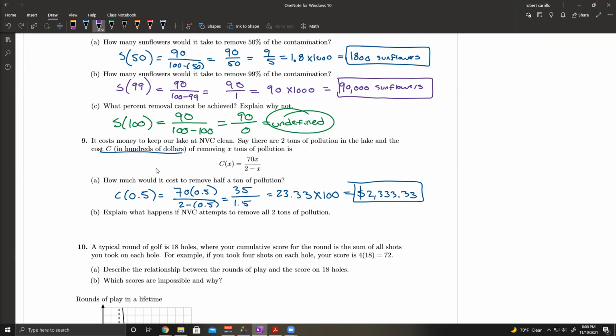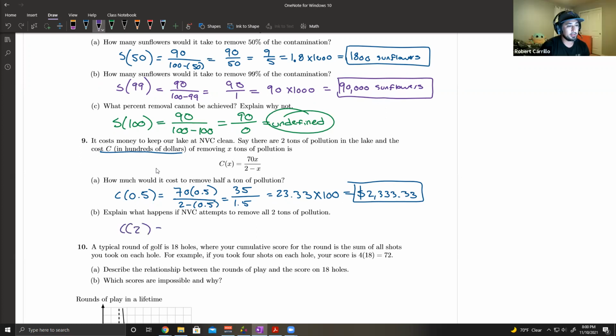It'll be undefined. So C of 2 would be 70 times 2 over 2 minus 2. You'd get 140 over 0. Yes, it's undefined, but in terms of money, if you try to remove all 2 tons of pollution, we would be spending how much money?